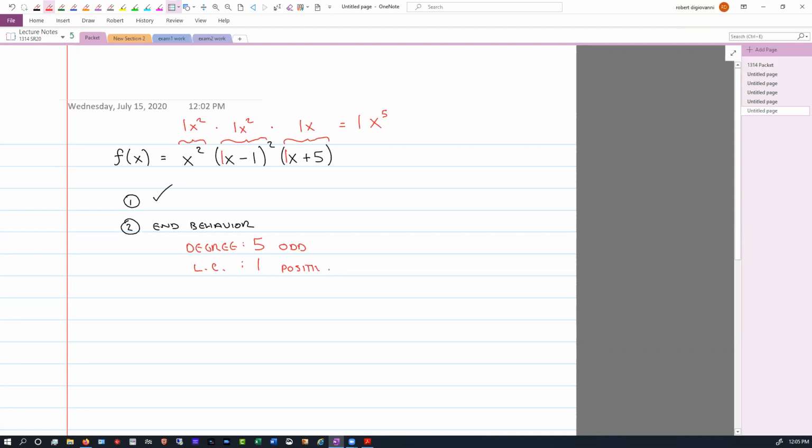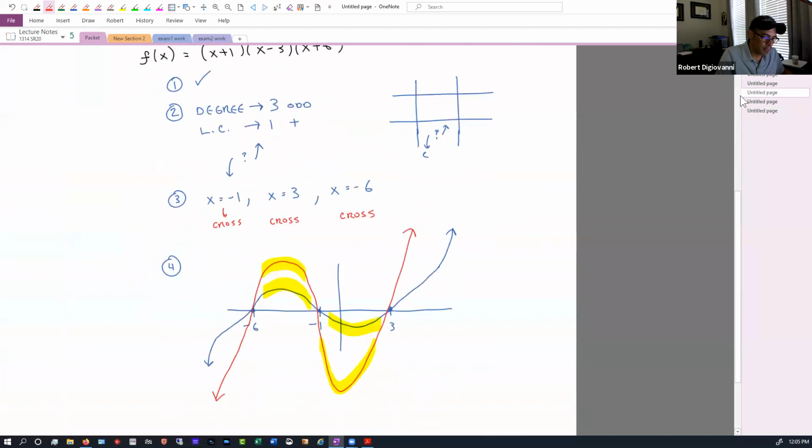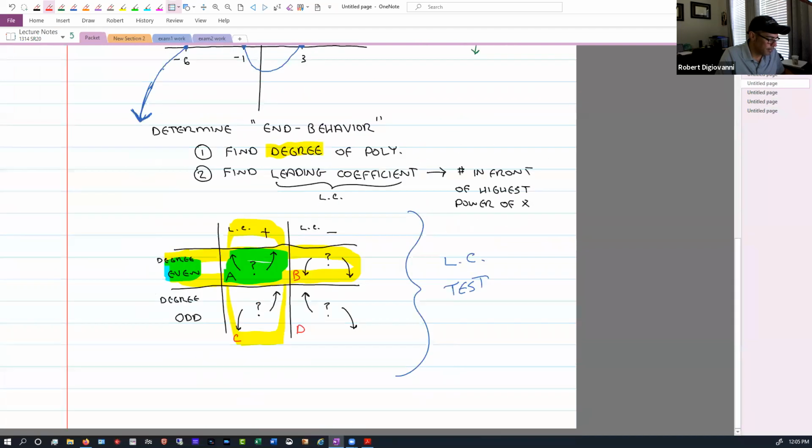Okay, and it's positive, right? Yeah. Okay, so from our table, it was an odd degree, right?